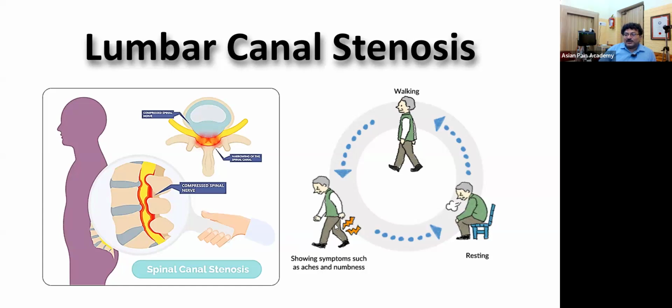There is pain and heaviness in the lower limb, and the patient gains some benefit when leaning forward, but even after some time he is not able to walk, and then he rests. After resting for a few minutes, he can walk again. So this is known as neurogenic claudication.